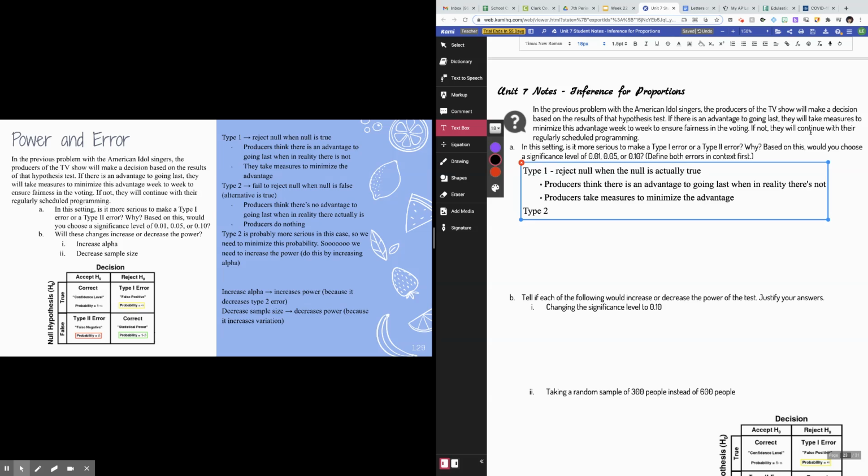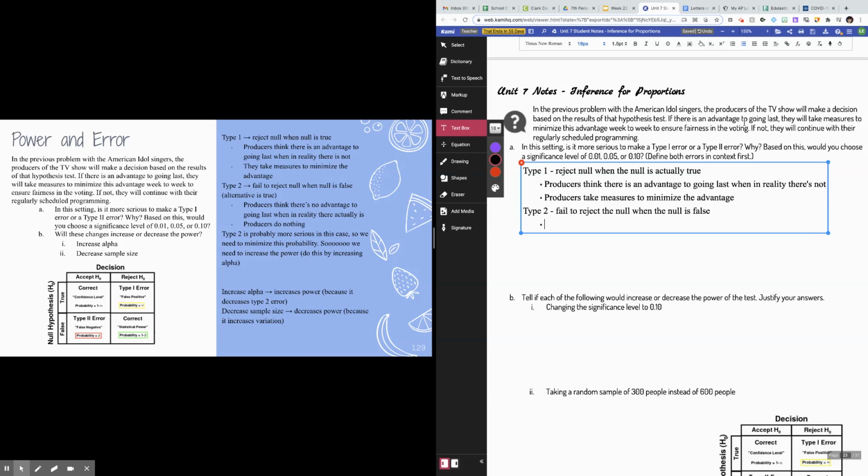Type 2 error would be if you fail to reject the null when the null is false. Okay, so you're going to keep your null hypothesis when in reality, the null is actually false, meaning that the alternative is true, right?